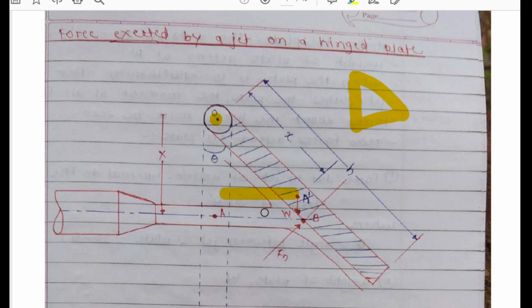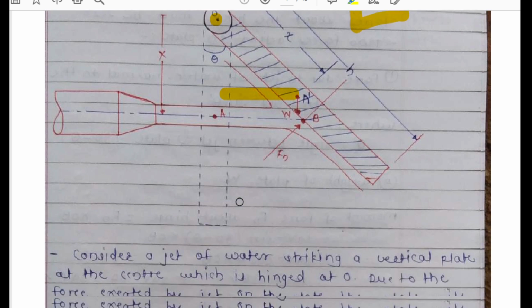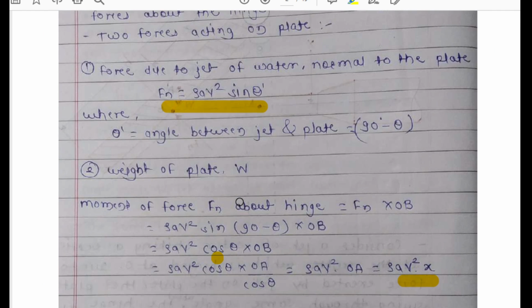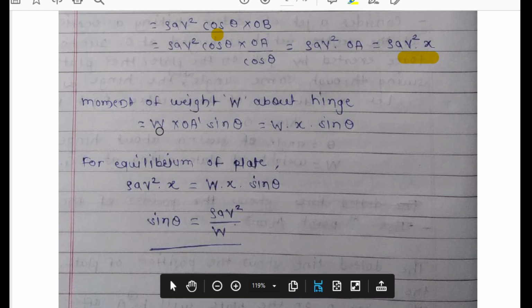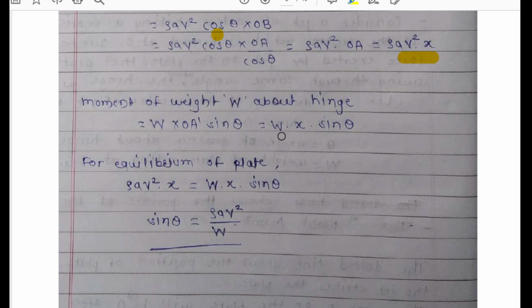As this side is opposite to theta, the equation will be of sine angle. So here it is written as W into OA dash sine of theta equals WX into sine theta. As I have already explained, OA equals OA dash equals X. So I have directly written here X and sine of theta.